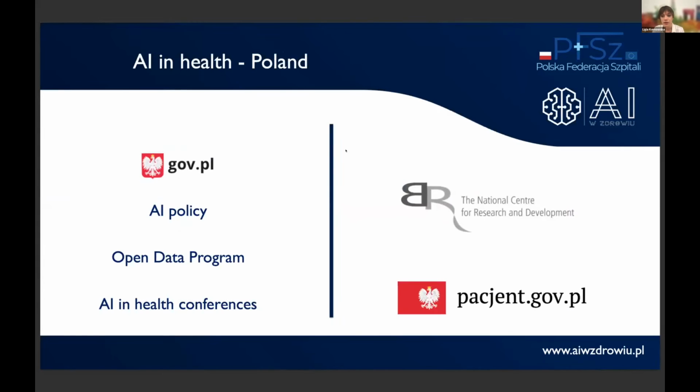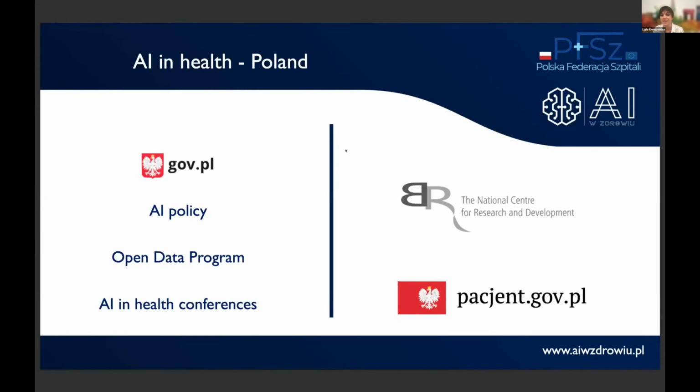When it comes to policy level, we have an AI policy. It's not about AI in healthcare, but about AI in general. We started an open data program, which is at the first stages, as I can tell you. We organize AI in health conferences and discussions about AI.